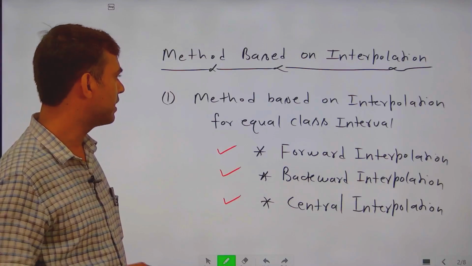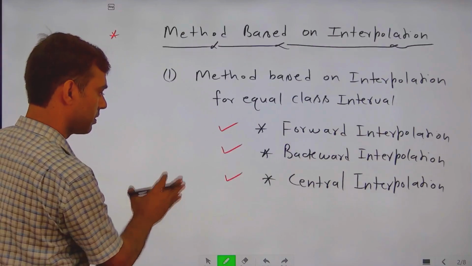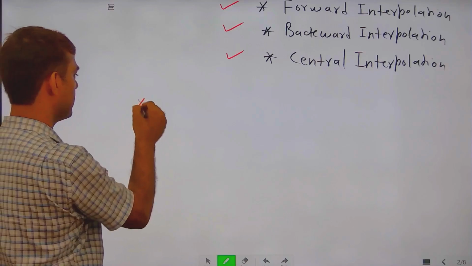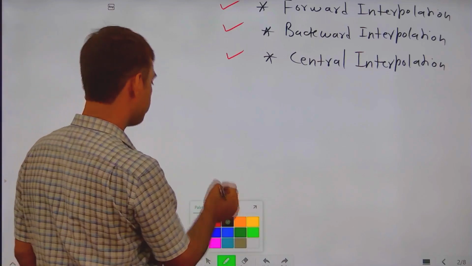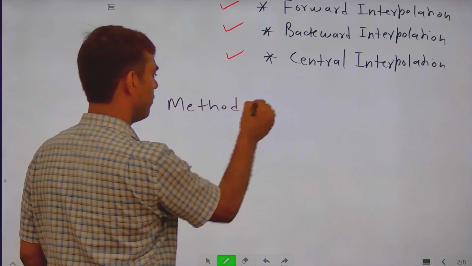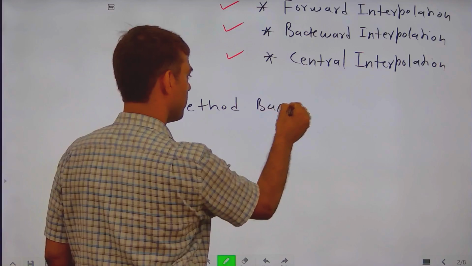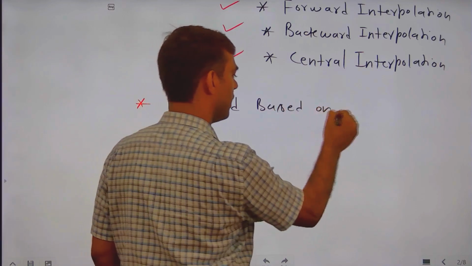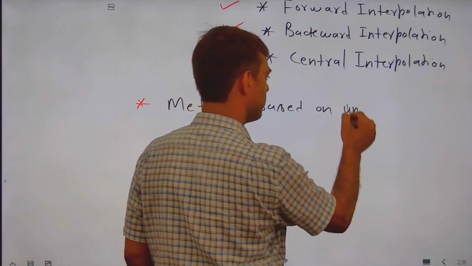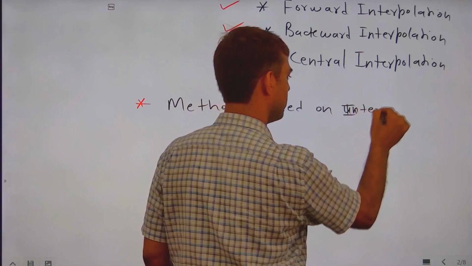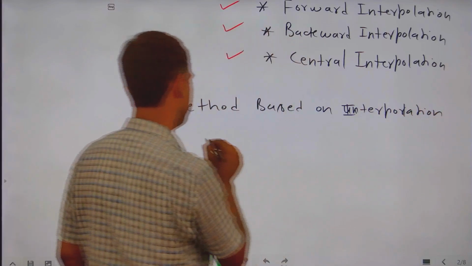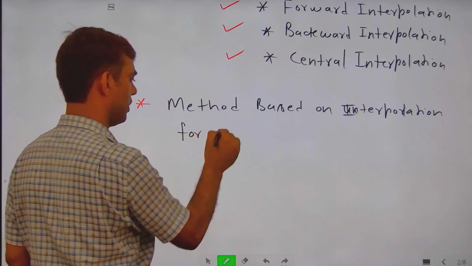Similarly, the second category is the method based on interpolation for unequal class interval.